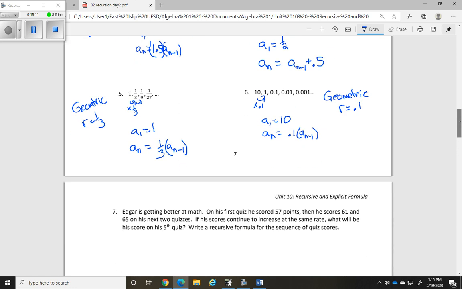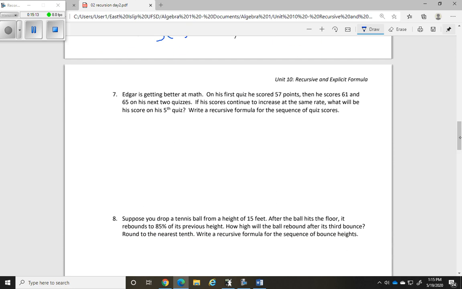And then we could do it with word problems. So Edgar, thank goodness, is getting better at math. On his first quiz, he scored 57. Notice I said first quiz, so that's the first term, right?